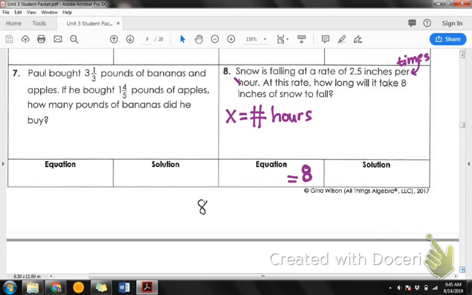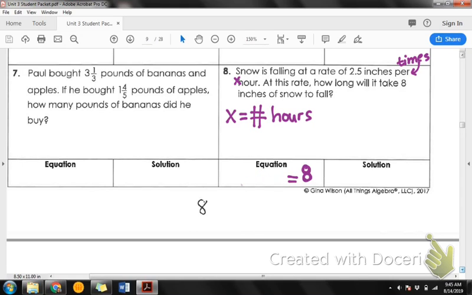But per hour, that would be 8 hours. Not 8 hours. We don't know how many hours it's going to take to get 8 inches. X times 2.5? So if we have X times 2.5, that's correct. But how do we usually see that when we have a variable? 2.5x, right? Still the same thing, okay?